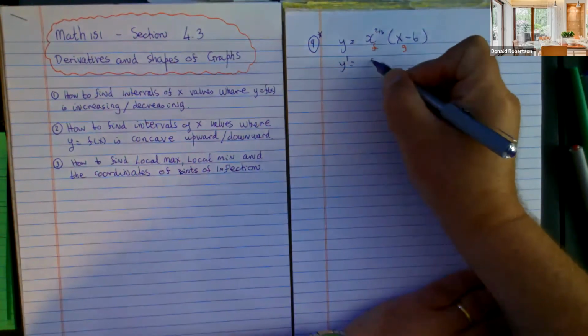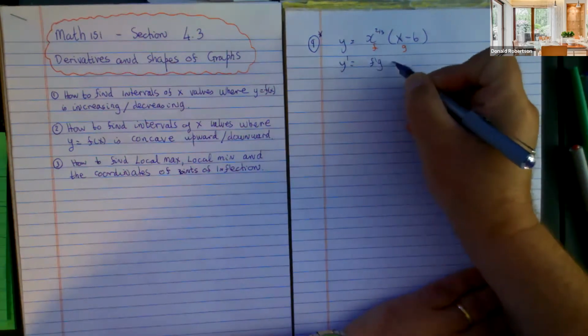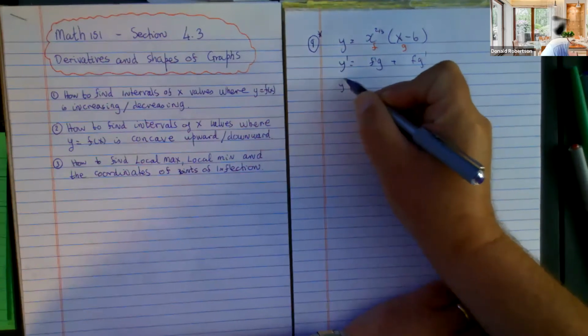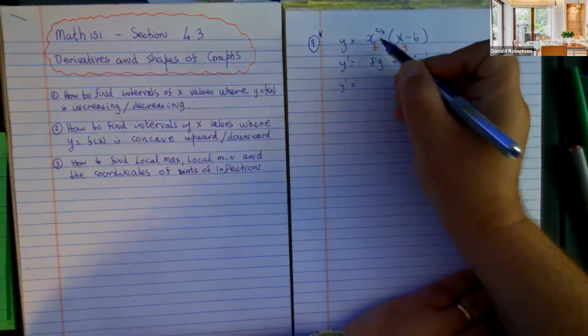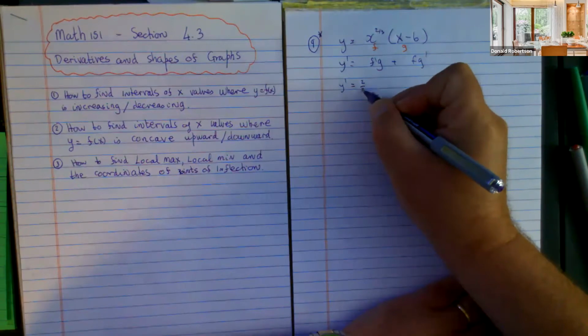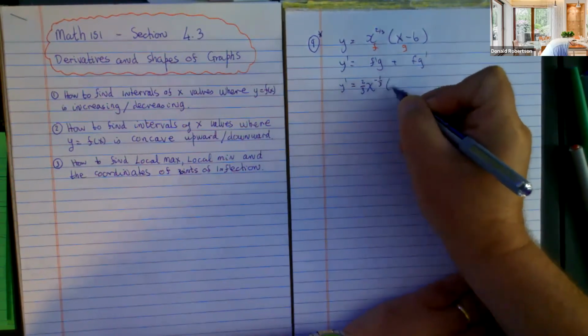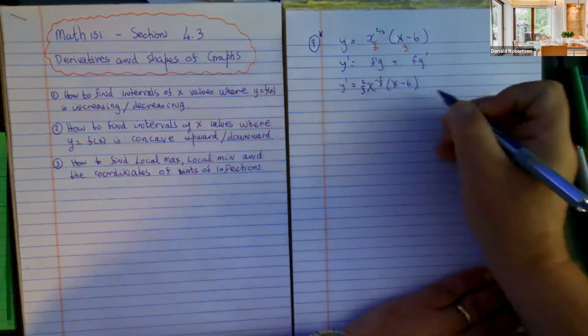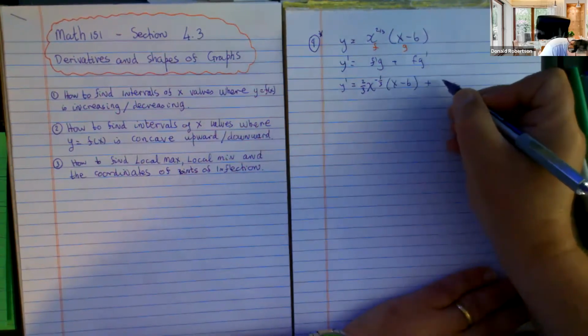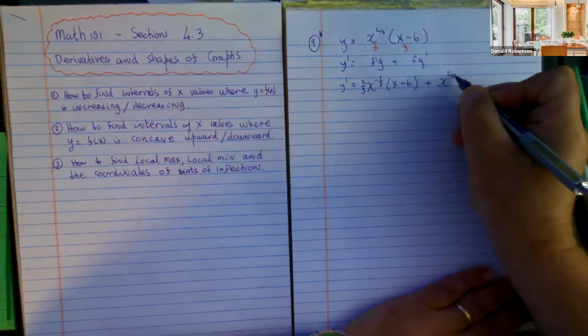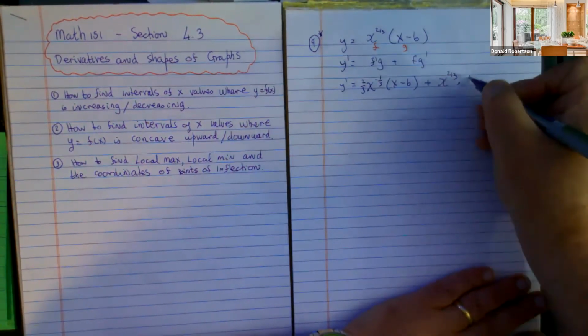So, it's going to be f dash g plus f g dashed. If you differentiate x to the 2/3, you'll use the power rule. Multiply by the power and reduce it by 1. Leave g alone. Plus, leave f alone and differentiate that guy.